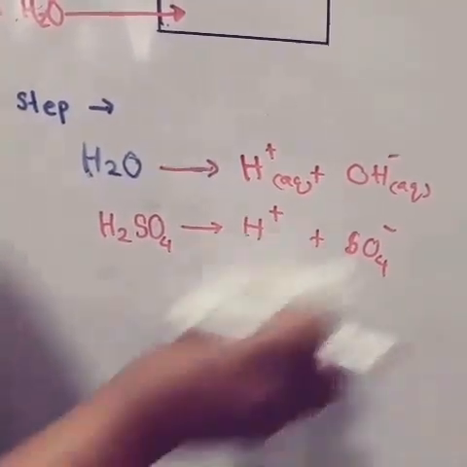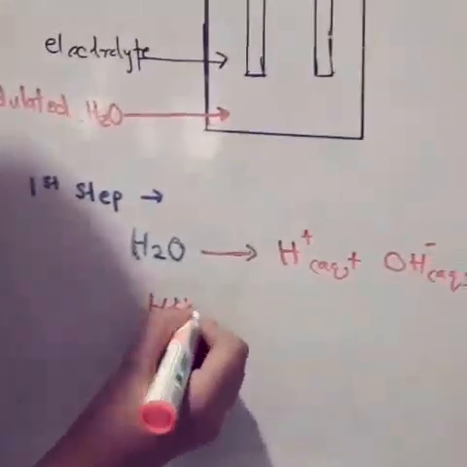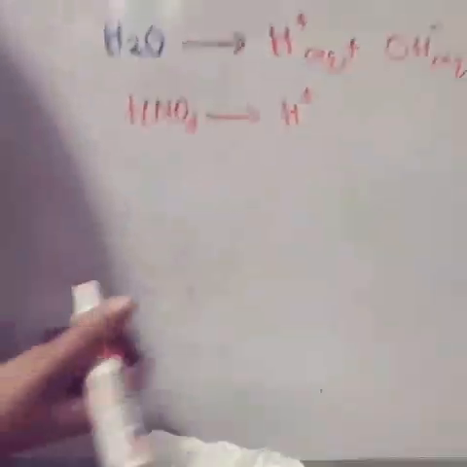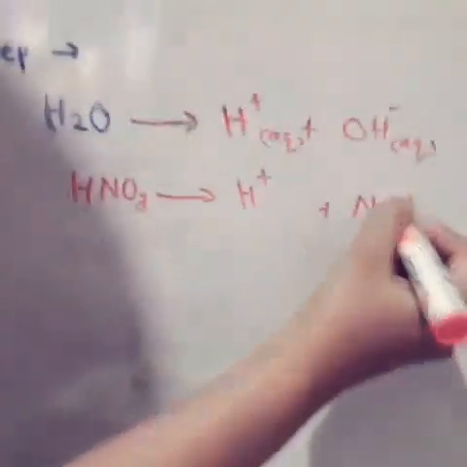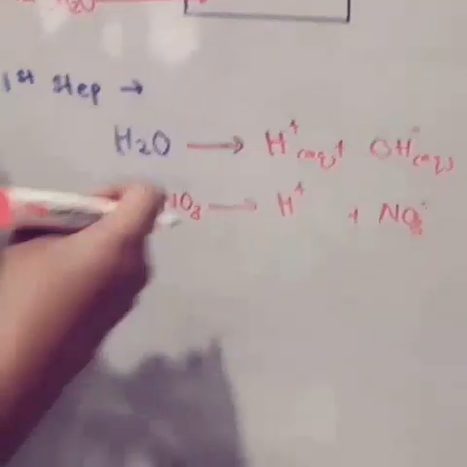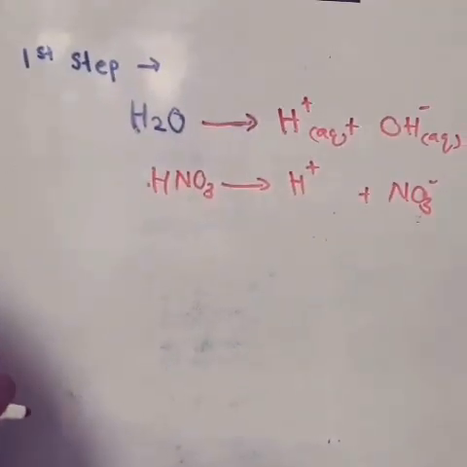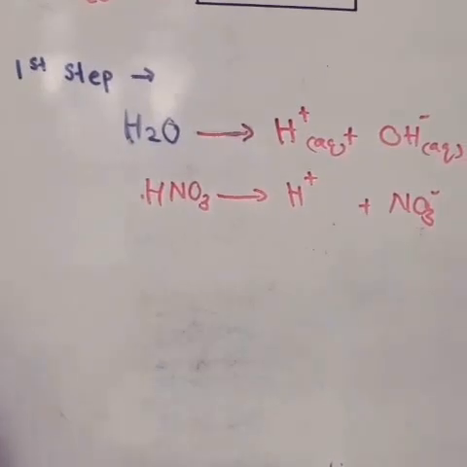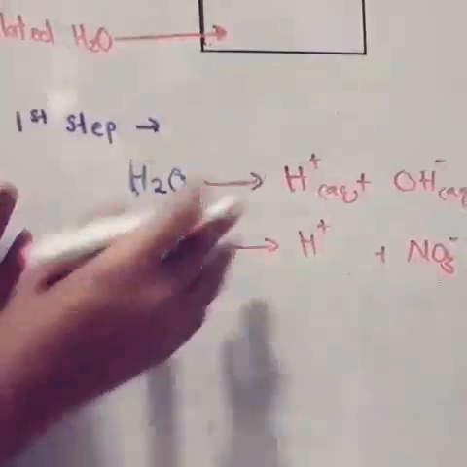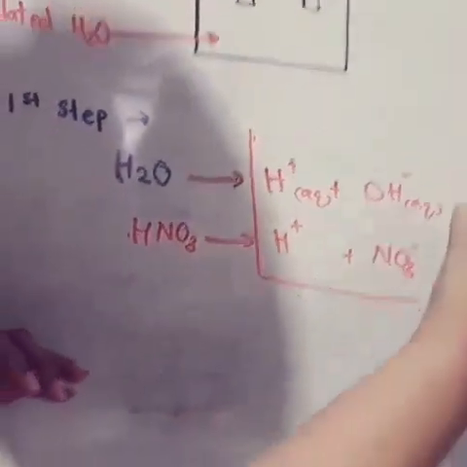Or else I can use nitric acid, HNO3, which would be broken into H plus and nitrate ions. It is clear now how we break these things into ions. As an example, I have taken nitric acid.